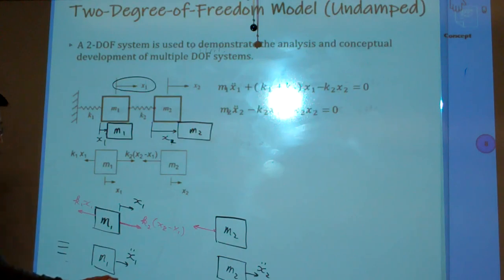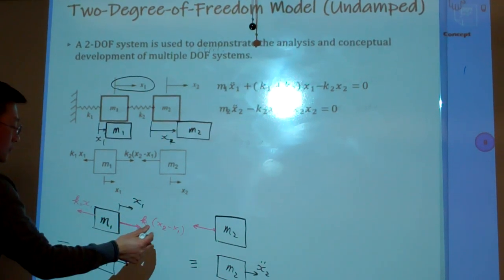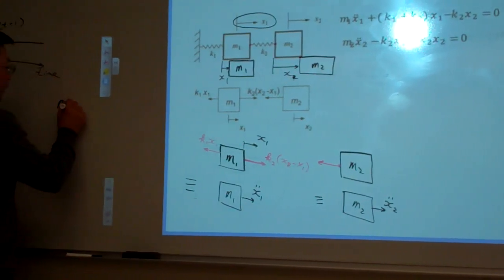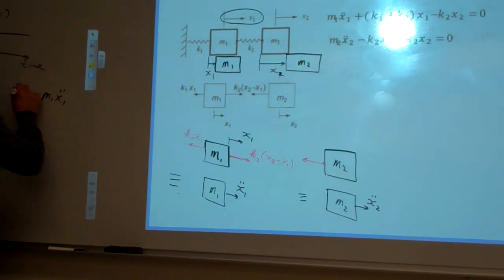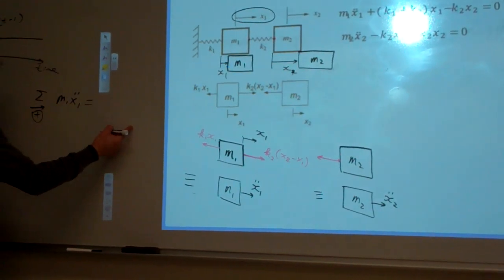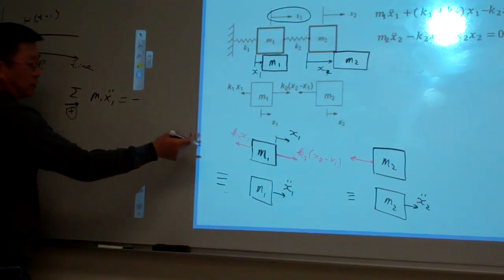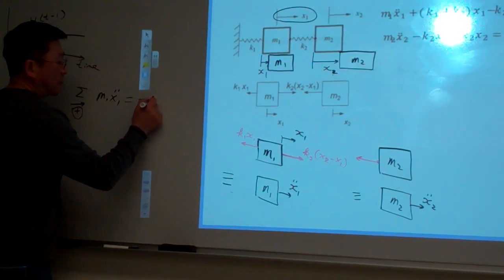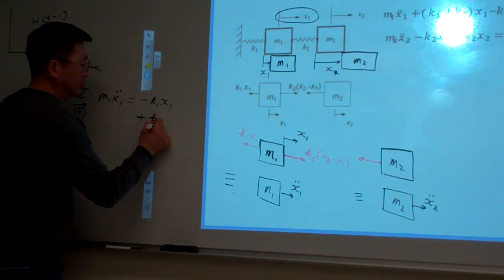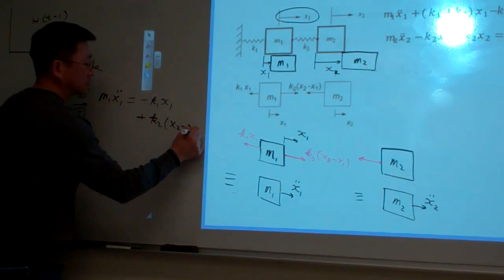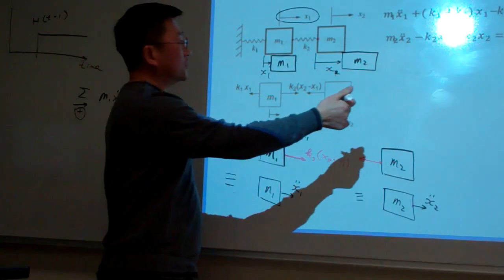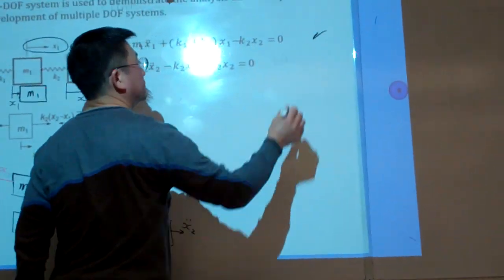From here you can formulate: m1 x1 double dot, with our sign convention positive here, equals this force minus k1 x1 plus k2 times x2 minus x1. So this equation is this one.